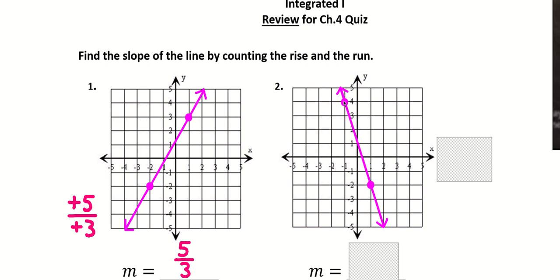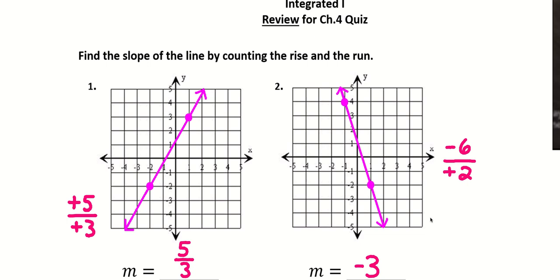For this one, going from this point to this point, we're going down 6 units and then to the right 2, so overall that's -6 divided by +2, which is -3. You should always simplify your slope fractions. Technically this is -3/1, but don't write -3/1. That's just -3, since this divides cleanly.